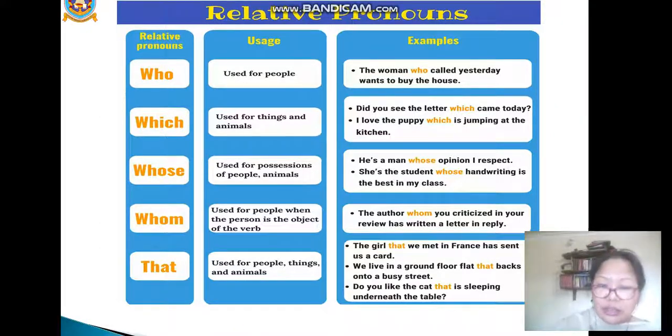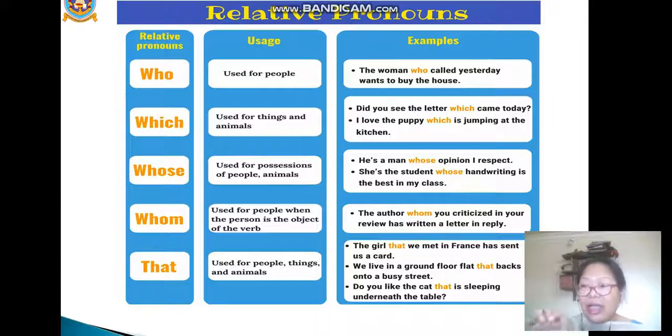Then whose is used for possession of people or animals. He is a man whose opinion I respect. She is the student whose handwriting is the best in my class. And the relative pronoun whom is used for people when the person is the object of the verb.